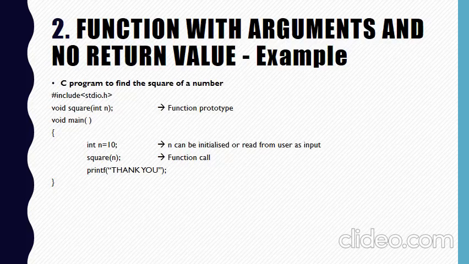So this is the prototype for a function with arguments and no return value. Right? Argument provide பண்ணிட்டோம், return type இல்லை, அதுக்கு void ன்னு mention பண்ணிட்டோம். Now you write the main function, void main, int n equal to 10. நம்ம n அப்படின்னு function prototype இல் எழுதியிருக்கோம் இல்லையா, அதுக்கு value provide பண்ணணும்ல, that should be passed from the main. Now here main is the calling function and square is the called function.